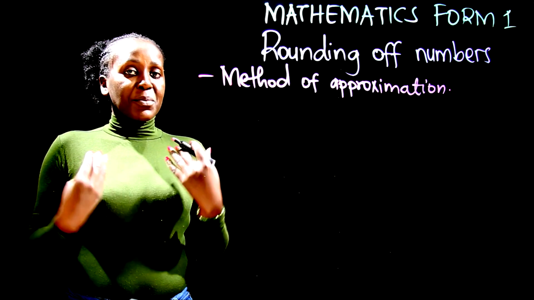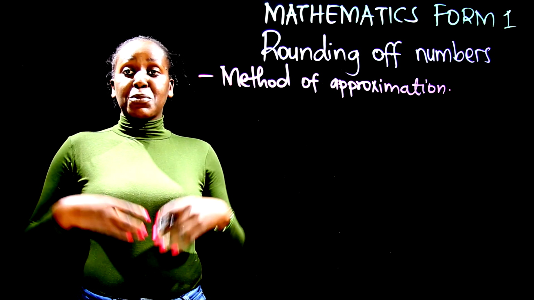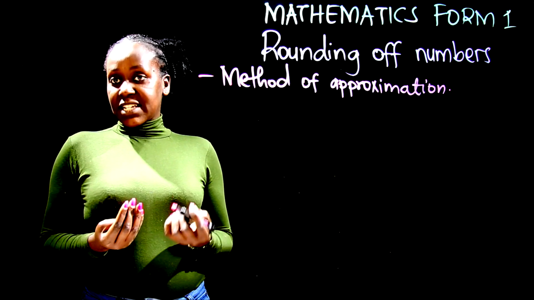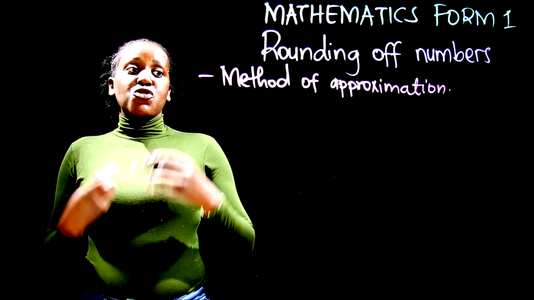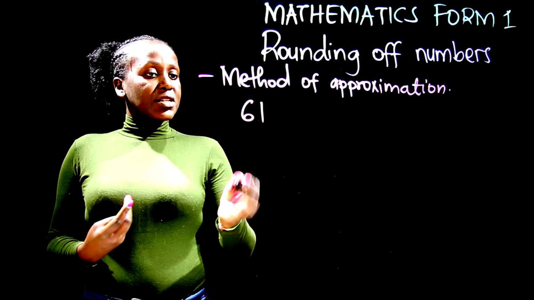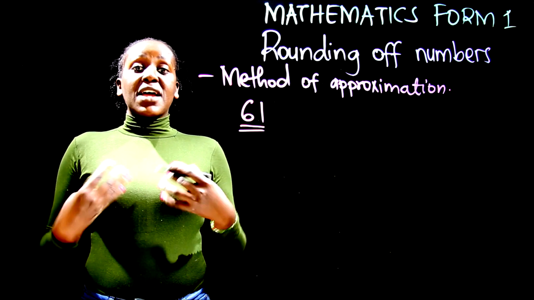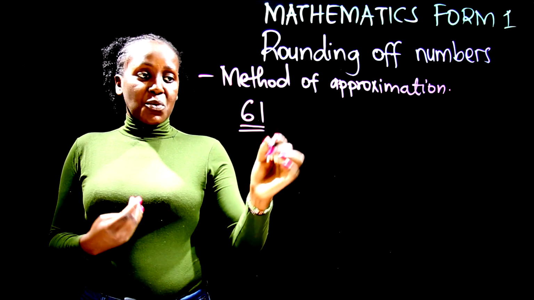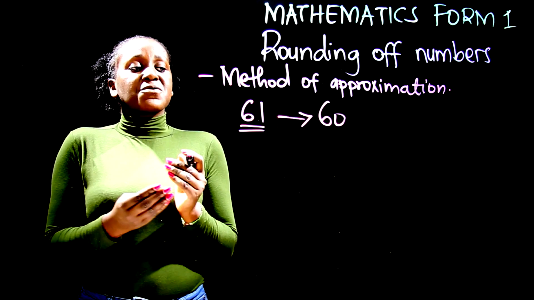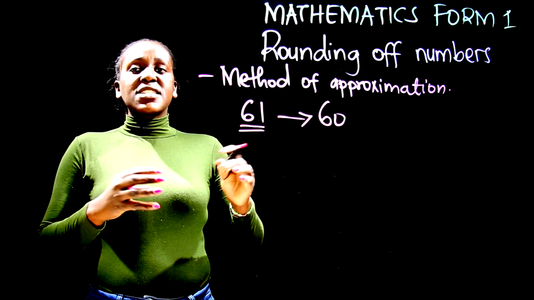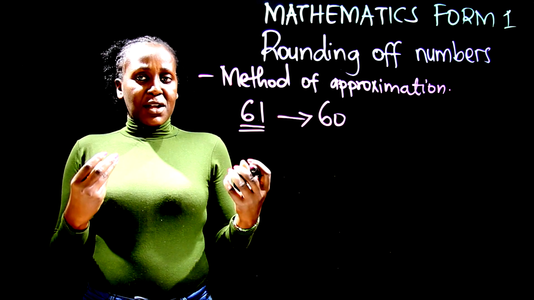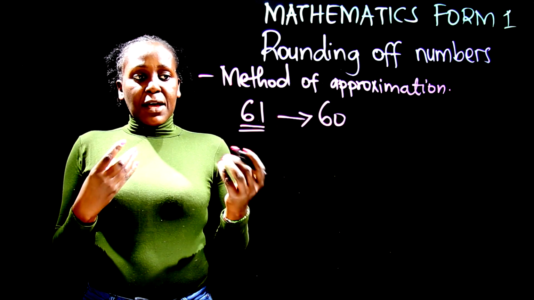Now let's give a practical example of how you can approximate numbers. Let's say you have done a test in math and you have scored 61 marks. Now you can easily approximate 61 into 60 because 61 is very close to 60, and 60 looks like a better figure to talk about than 61. Okay, let's give another example.